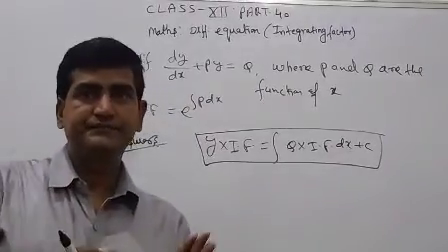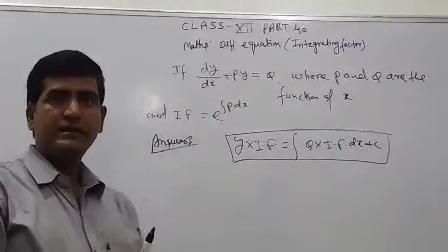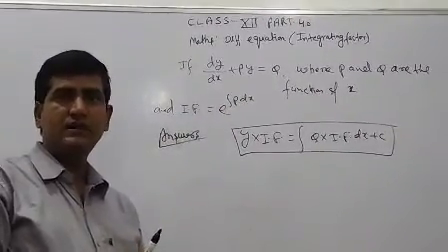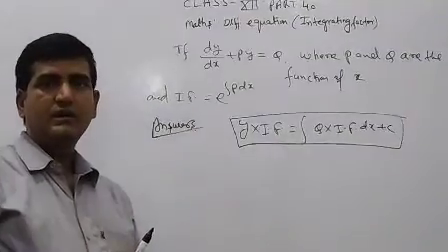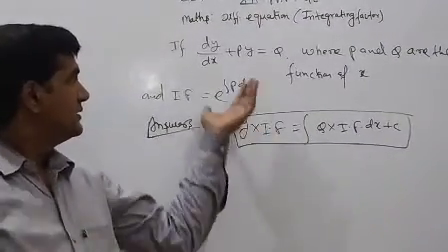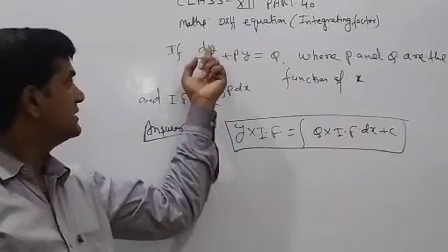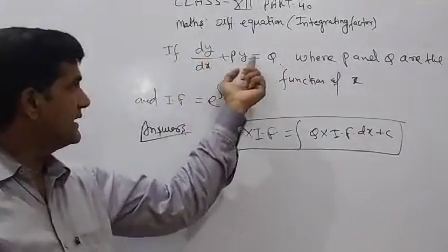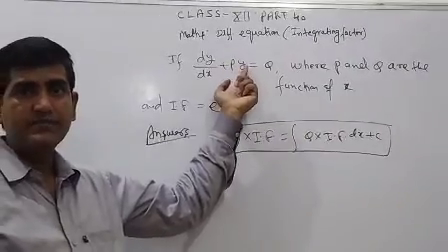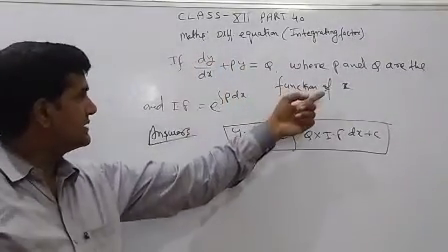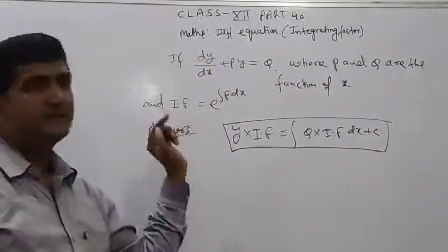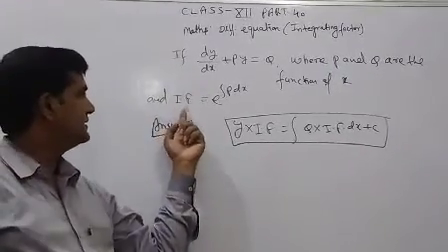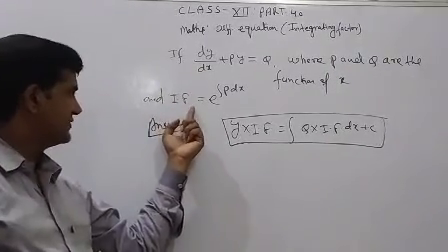It means if any equation or question is in any other form, first of all, we will change it into dy by dx plus py is equal to q, where p and q both are functions of x. After that, we have to find the integrating factor IF.